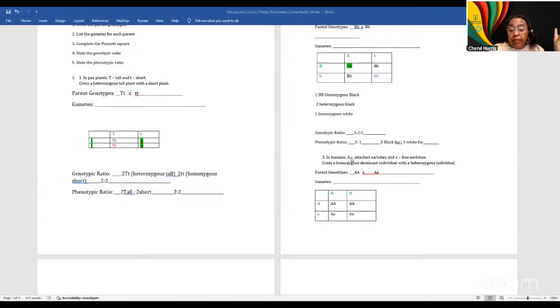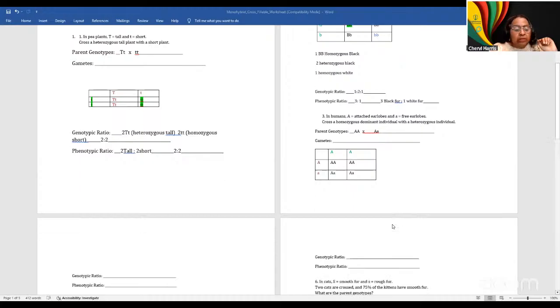Dominant is capital A, because they're homozygous, they're the same. With an individual that is heterozygous, that means they have two different letters, a capital A, small a. We take that information and put it on our Punnett square. We separate those two alleles for each parent, and during fertilization, we have a big A for that box. We take those two, we have big A there. And then for this row, we have capital A, lowercase a.